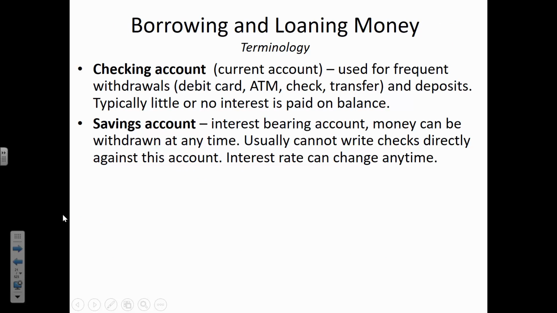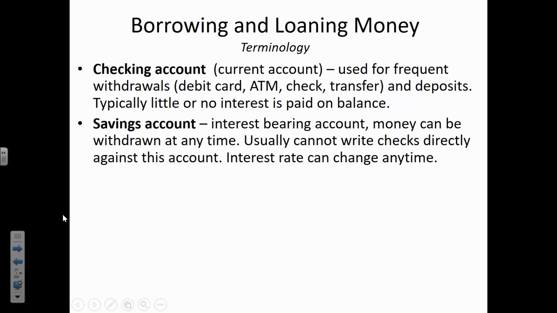What we're going to do today is talk about different types of accounts that pay interest, because the different type of account is used for different things and it pays sometimes widely varying interest rates. So a checking account, for instance, is where you typically put money that you're going to need in the short term.